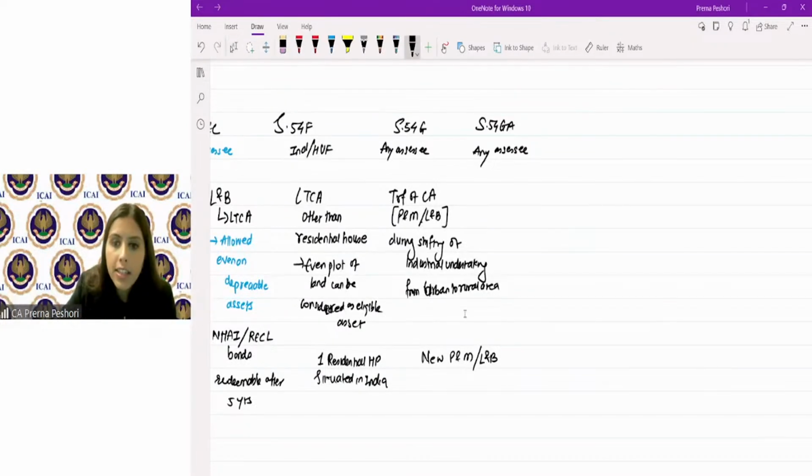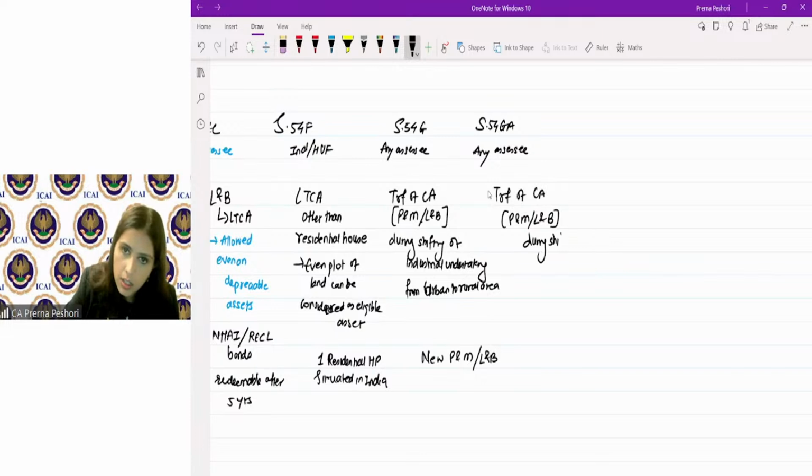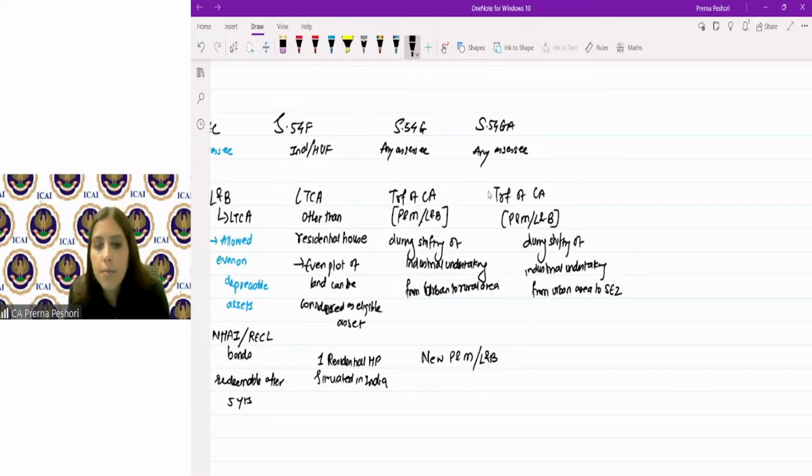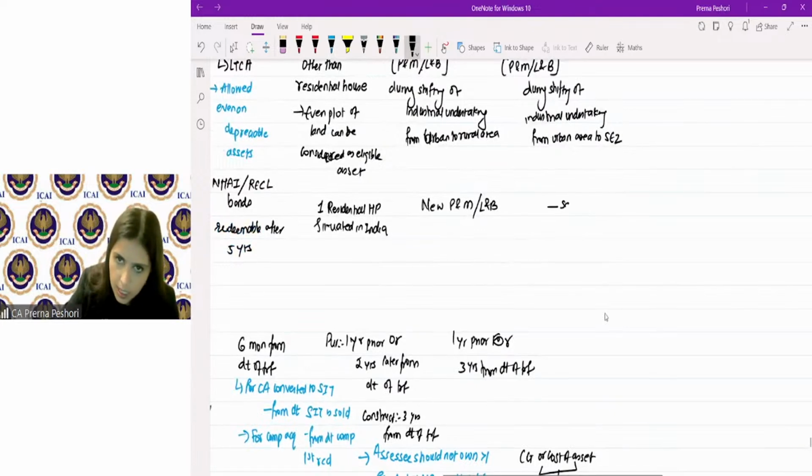During that, there is transfer of the capital asset, which is again plant and machinery or land and building, during shifting of industrial undertaking from urban area to SEZ. Okay. Now again here what you have to purchase is land or building or plant or machinery which is new within 1 year before or 3 years from the date of transfer. So this is again same.